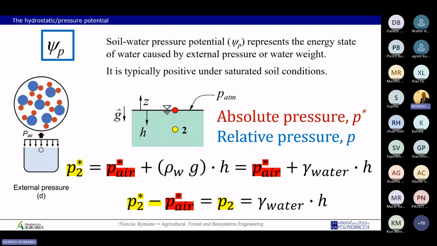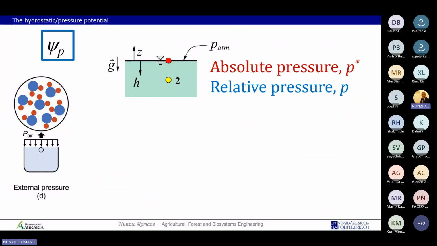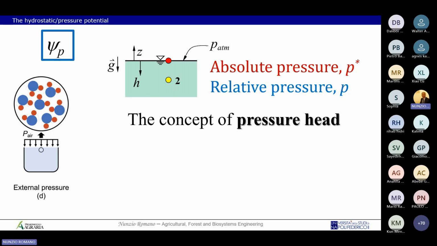Okay, so I go on and try to make this concept even clearer, and we have the concept of pressure head. Again, like in the case of the gravitational potential, our brain needs to see something. If we talk about the pressure potential, and I remind you that you measure the pressure in kilopascal, Newton on a square meter, you don't see the pressure.